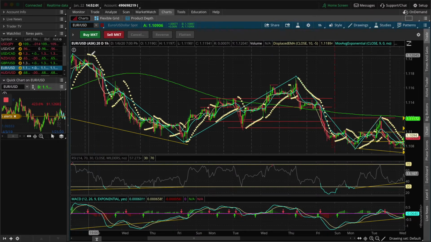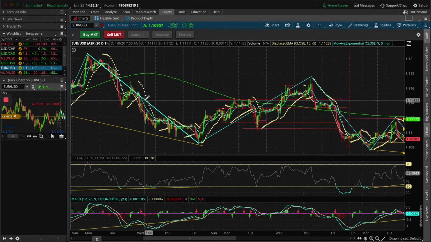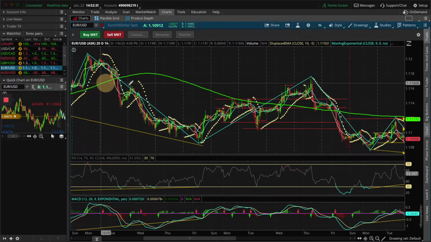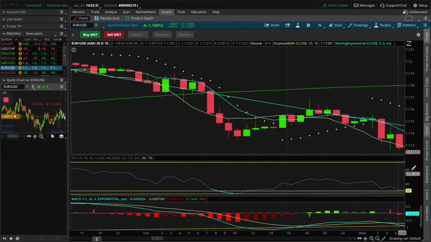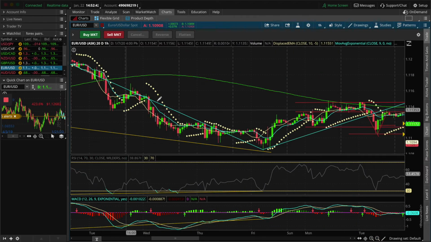So these dots are the parabolic SAR. Essentially, these are giving you an indication of where the market is kind of going. It's like the outline or the skeleton of the stock market. So you can see this is following the flow. Also, if it's on the bottom, it's going to give you an indication that the market is going up, that it's bullish.